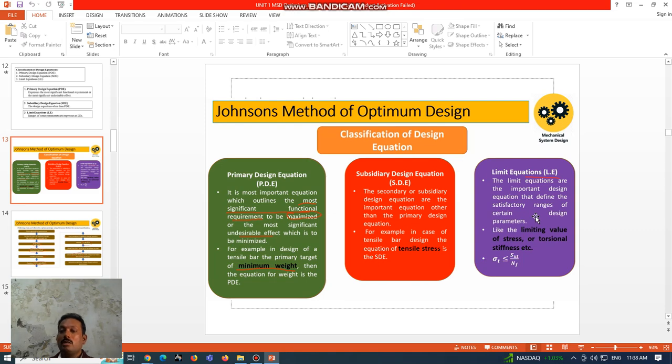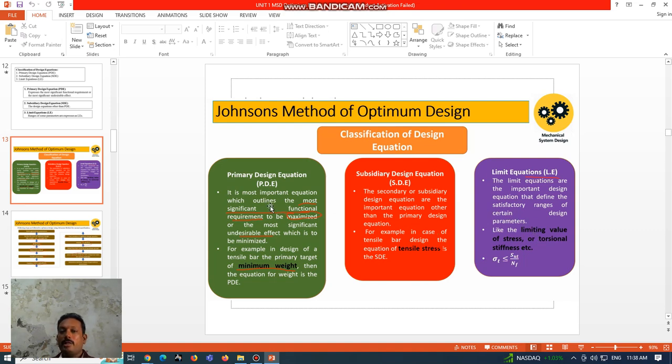Likewise, if the limit of stress is given, in between this and this, or torsional stiffness is given in between this, it is a limit equation. The limit equation for the stress will be likewise sigma t equals SUT upon NF. So this is Johnson's method of optimum design.